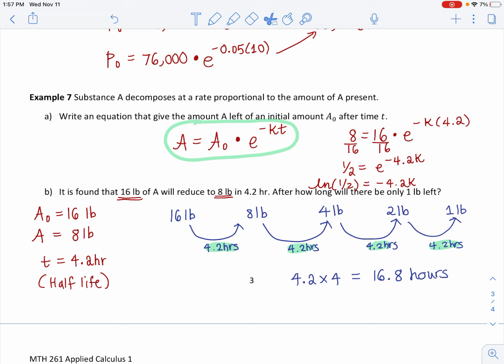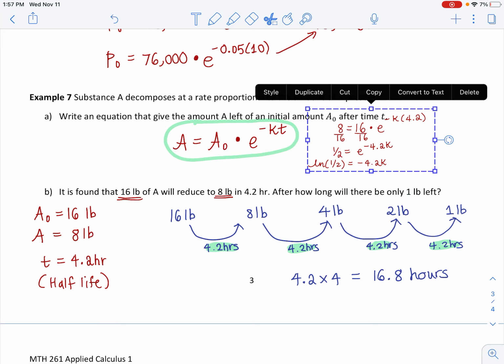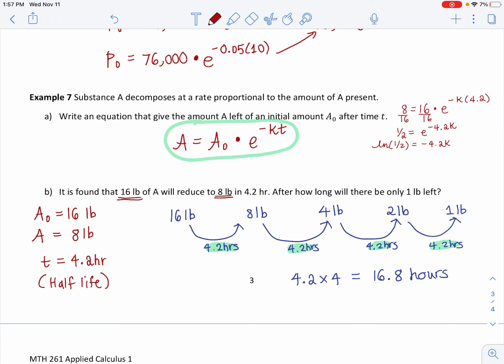But I want to get the same answer, 16.8 hours. Let's continue then. I've got to find the exponential decay rate. Then k is equal to natural log of half divided by negative 4.2, which is equal to 0.165.